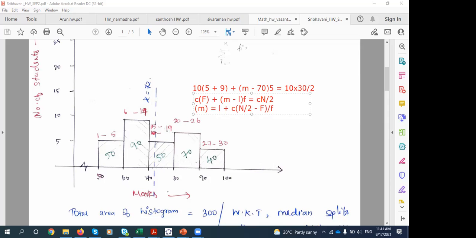So that's how you get the formula, which comes basically from this step here.